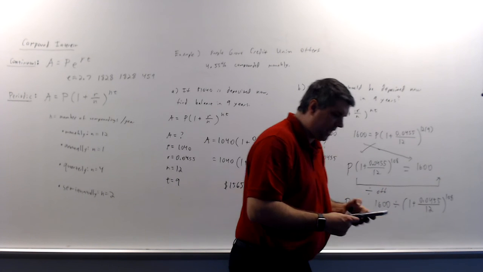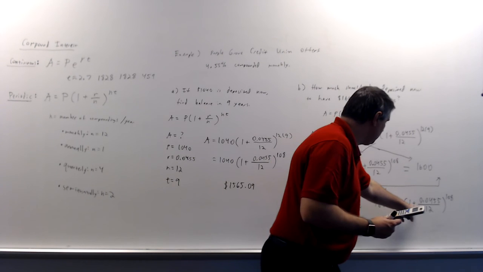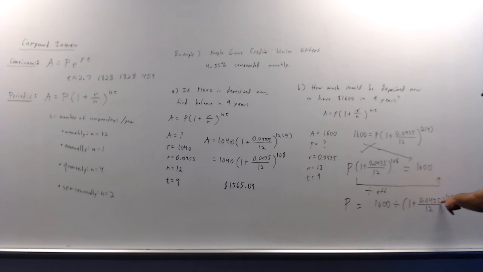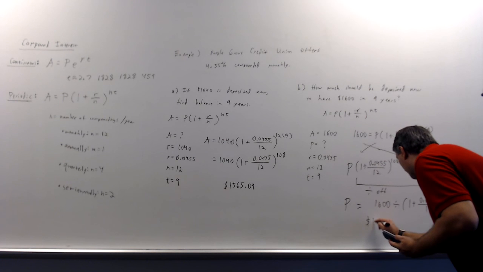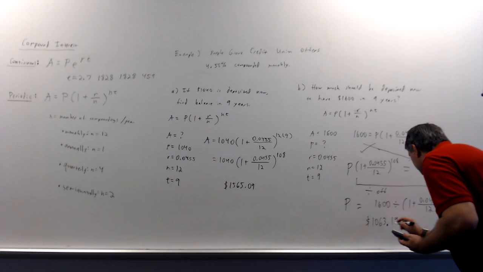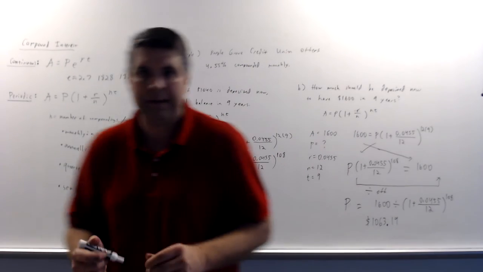Very important that you include that parenthesis. 1 plus 0.0455 division 12. Balance the parenthesis, your generic exponent button, 108. To the nearest cent, I got $1,063.19 rounded to 2 decimal places.